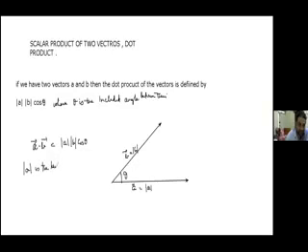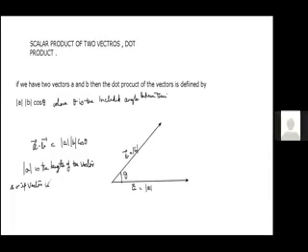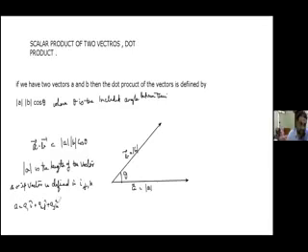All these angles are 90 degrees. So I dot I is 1, I dot j is 0, I dot k is 0. Similarly, what will j dot k be? 0. Correct?